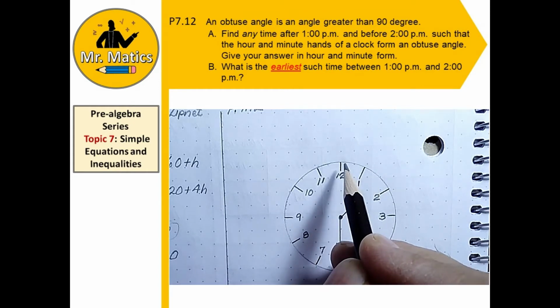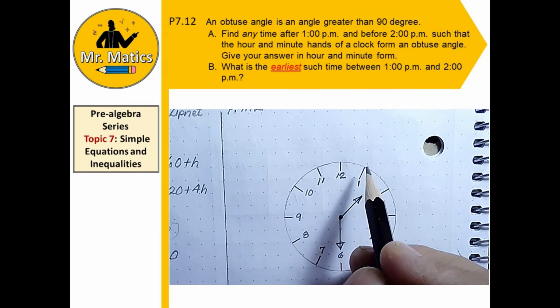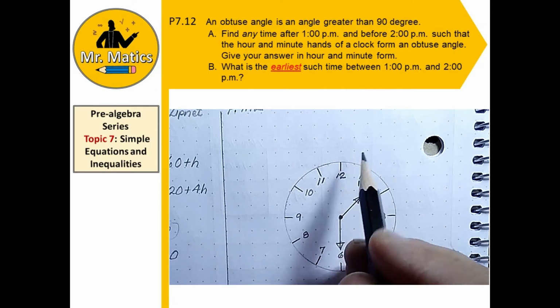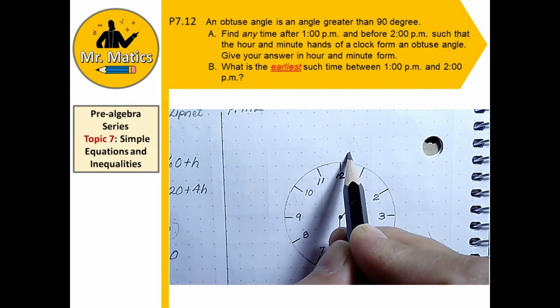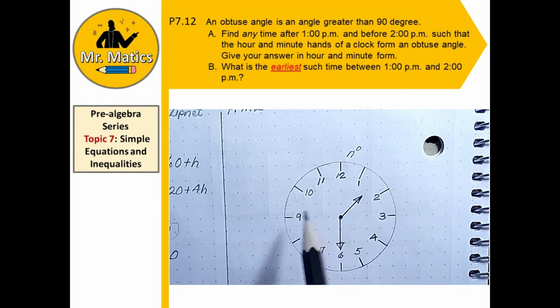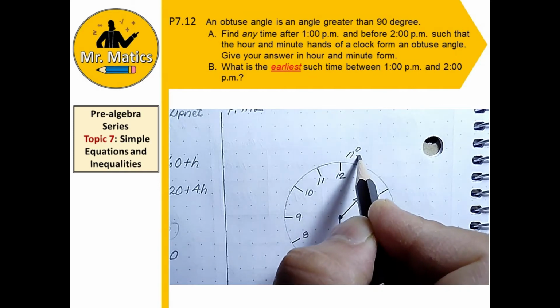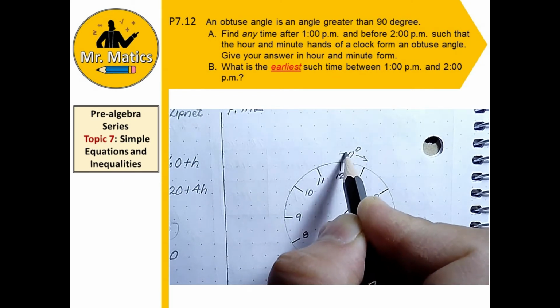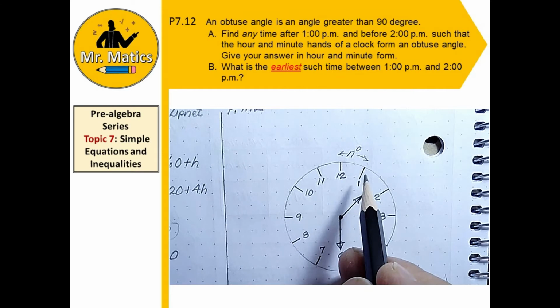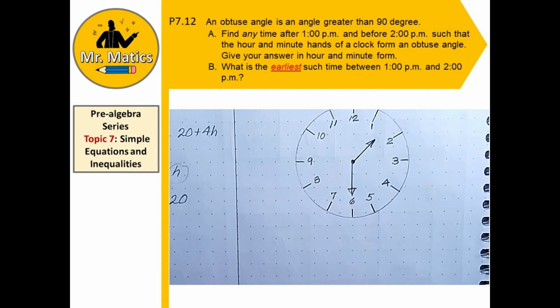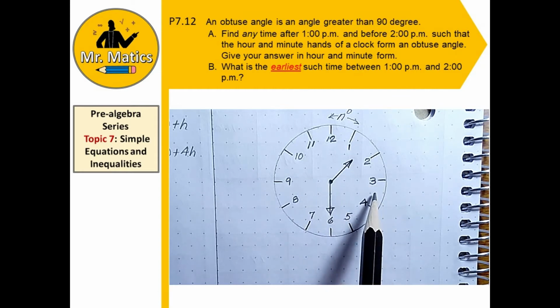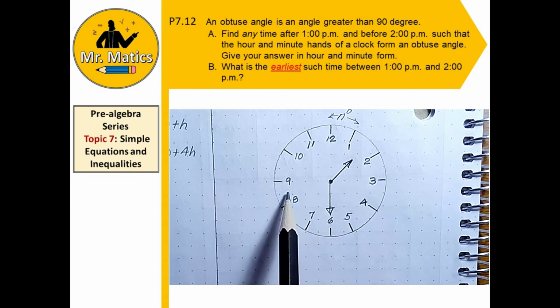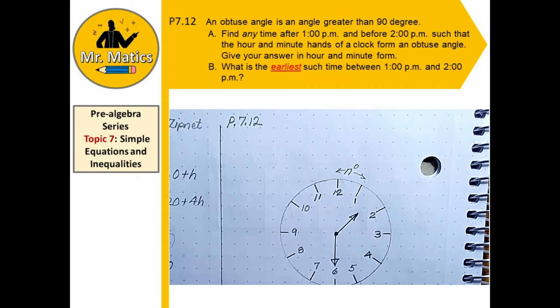Let's say the division made by one hour mark to the next hour mark is n degrees. How many such divisions are there? Let's count: 1, 2, 3, 4, 5, 6, 7, 8, 9, 10, 11 and 12. So there are 12 divisions, each having n degrees.